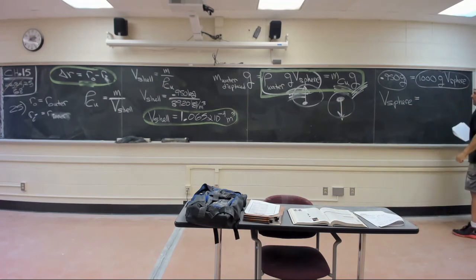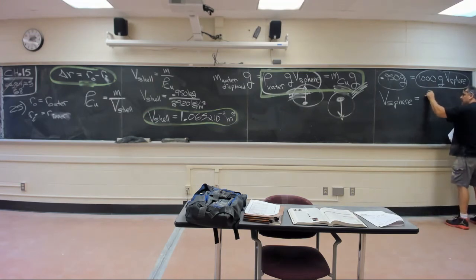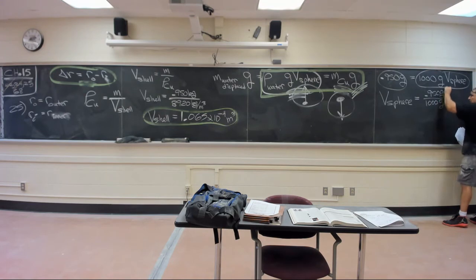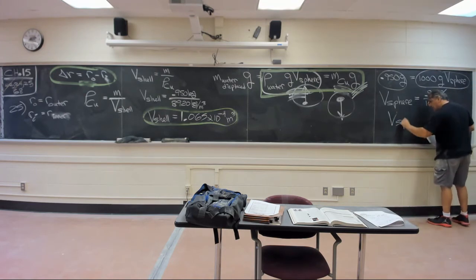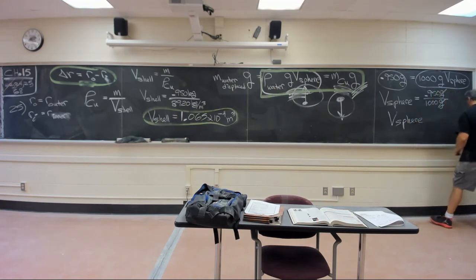The V of the sphere, let's divide by 1,000 G on each side. 0.950 G divided by 1,000 G. V of the sphere is 0.950 divided by 1,000, which is 9.5 times 10 to the negative 4 cubic meters.